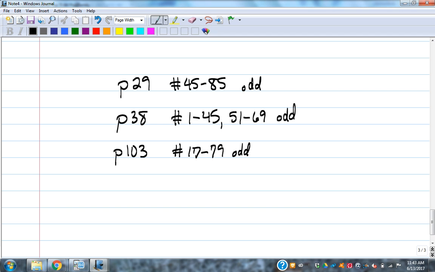Labs for this section, 15, 16, and 17. I'll post videos for those this afternoon, and you'll have those available. Labs 10 through 17 will be due on June the 27th.